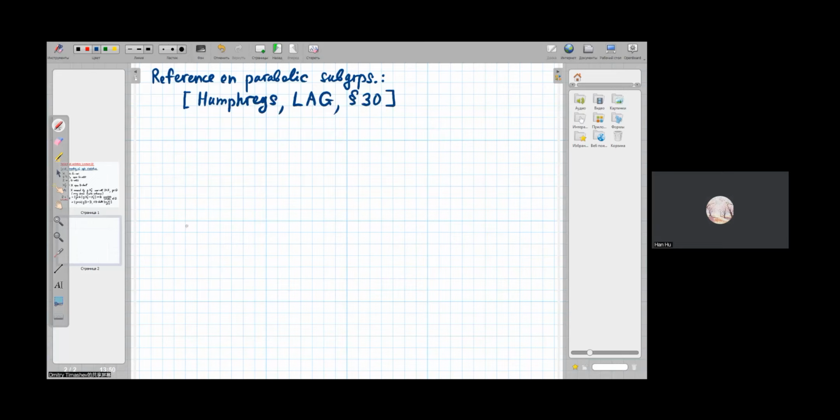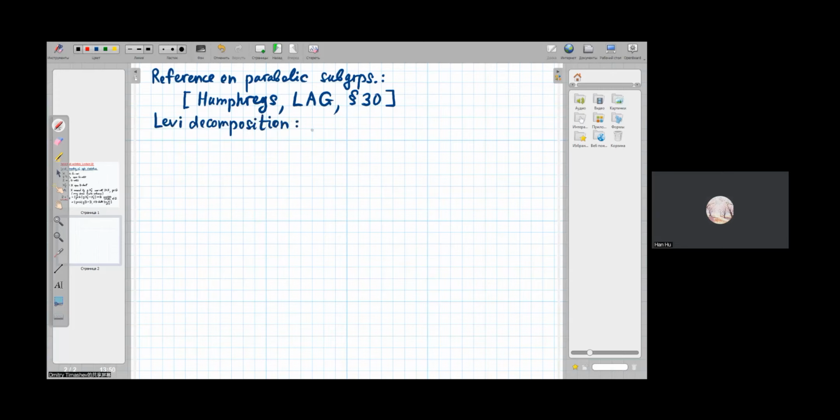What I need from the structure of parabolic subgroups is the Levi decomposition. So the Levi decomposition is the following.